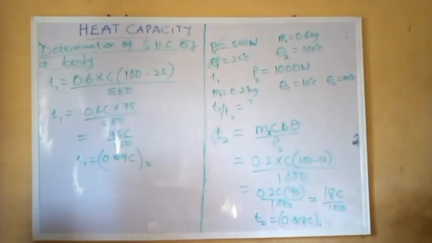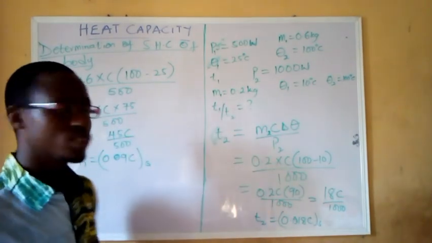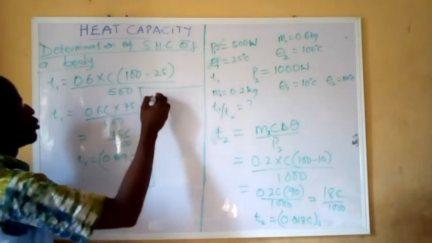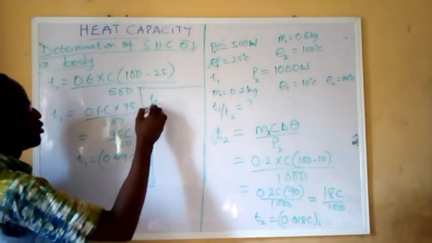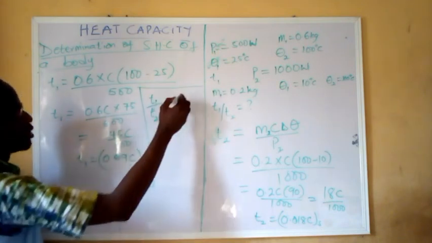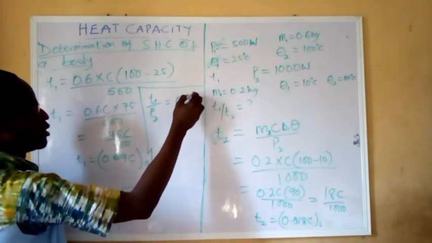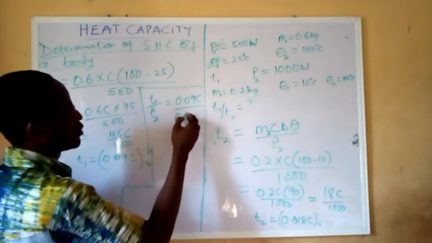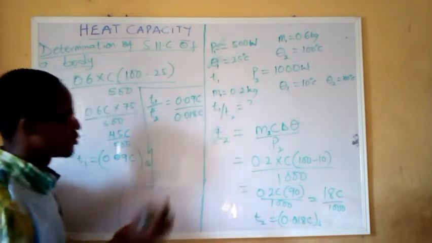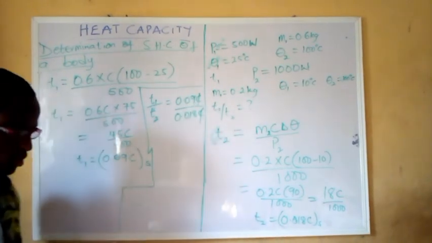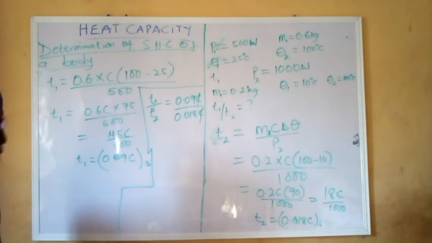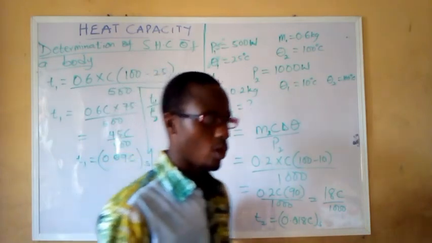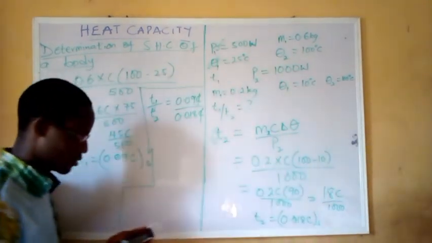So for us to calculate T1 over T2 as required by the question, T1 all over T2 is going to give us 0.09 C all over 0.018 C. So C goes with C. 0.09 divided by 0.018.